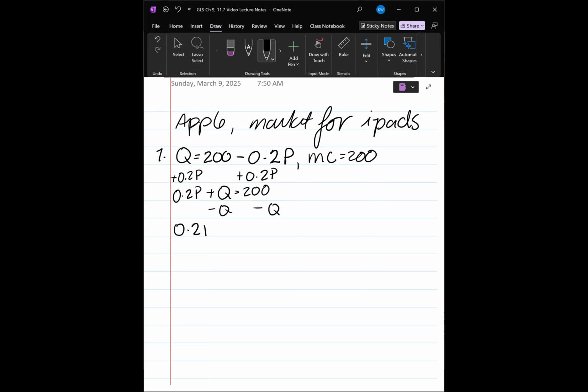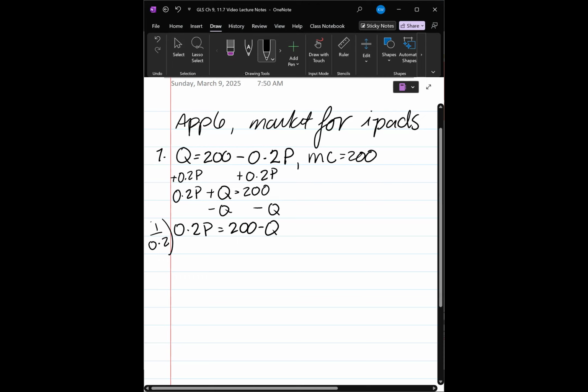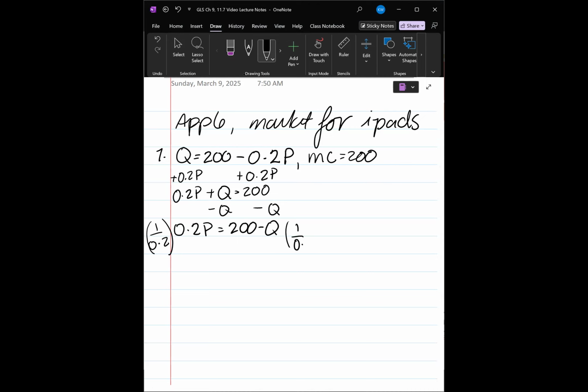That gives us 0.2 times the price equal to 200 minus the quantity. And then we're going to divide both sides by 0.2. 0.2 is the same as 1/5. So you can just imagine that we're multiplying both sides by 5 if that's easier for you. And so that means that we get an inverse demand equation of price equal to 1,000 minus 5 times quantity.